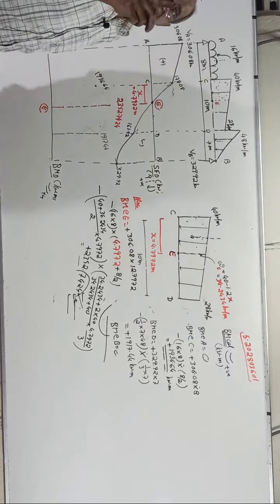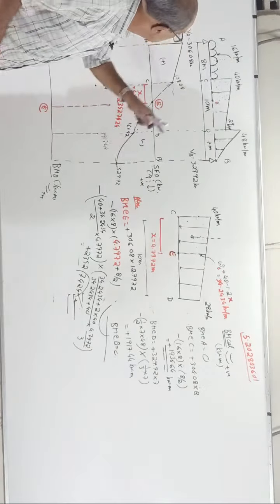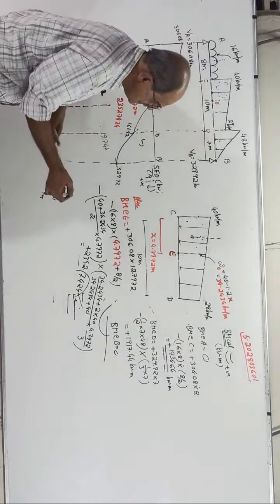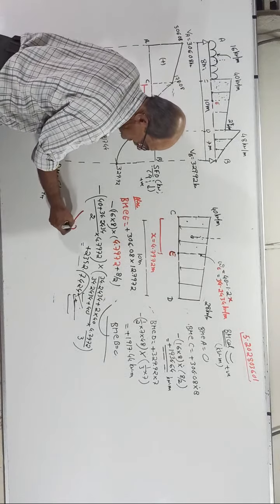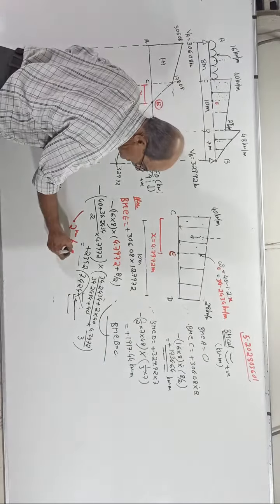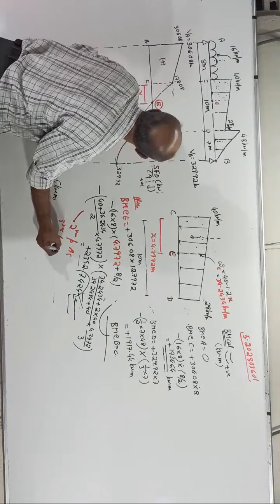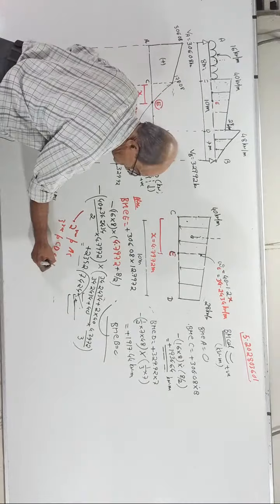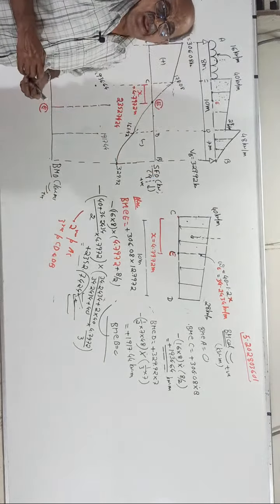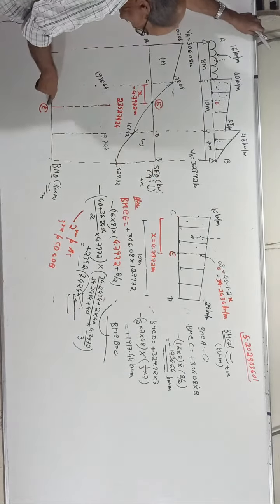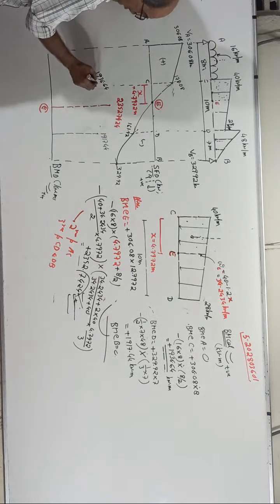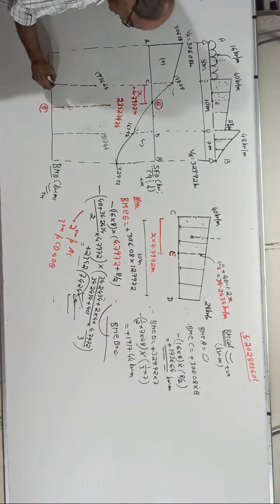UDL, 2nd degree parabola, quadratic. Variation is 2nd degree parabola for AC, 3rd degree parabola for CD and DB. When you discuss the variation, you should not talk about the point E. Remember, point E will not come for variation.